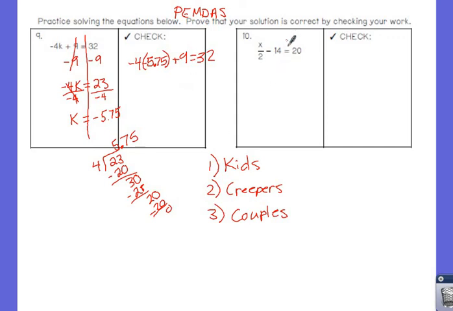Okay, let's take a look at number 10. What characters are involved in number 10? I see a creeper and I see some kids. All right, so order of operations says I deal with kids first. So what do I need to do? Add 14, because 14's the kid.